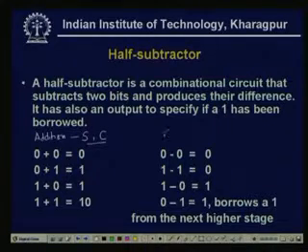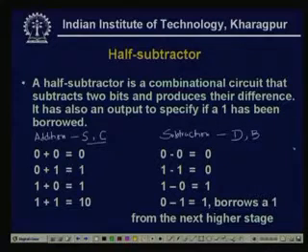For subtraction, that sum is replaced by the difference because it computes the difference, and the carry concept here is actually the borrow. So, we denote this as B and the difference as D.